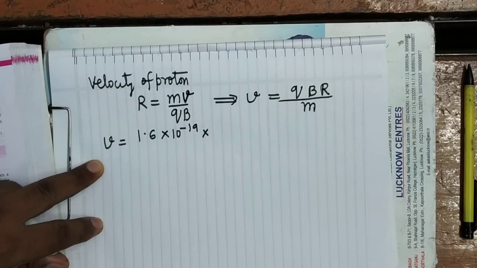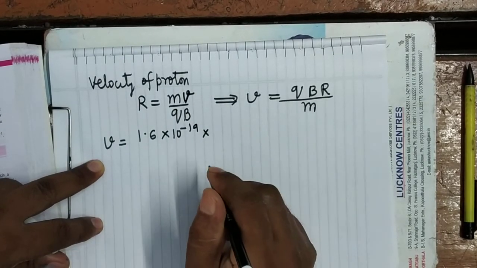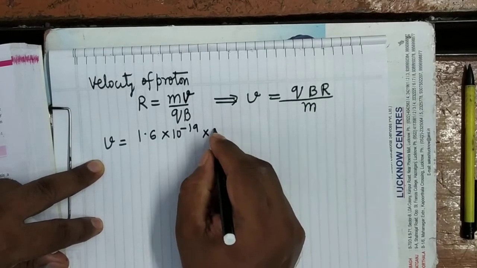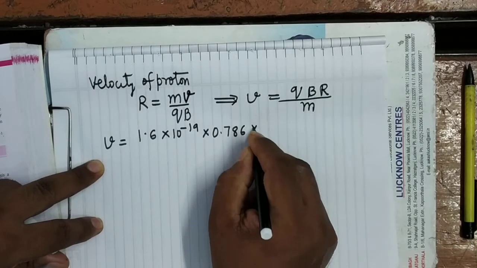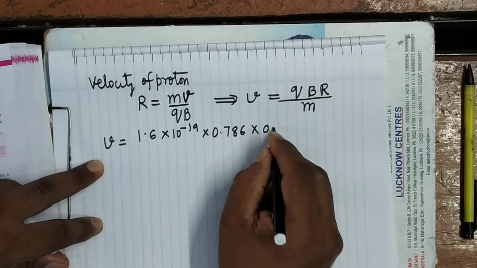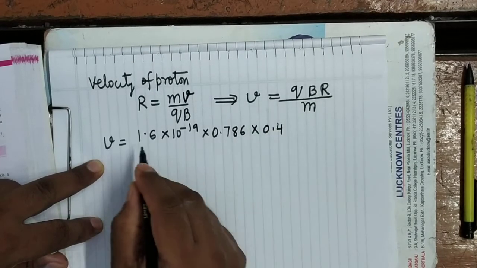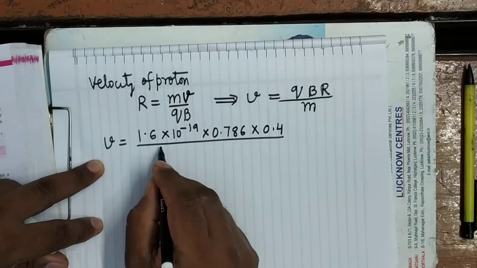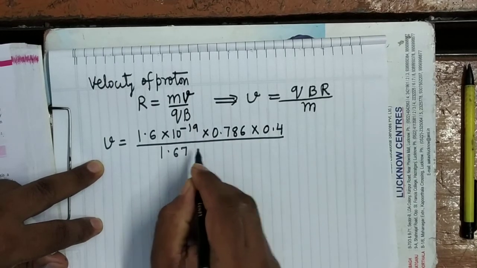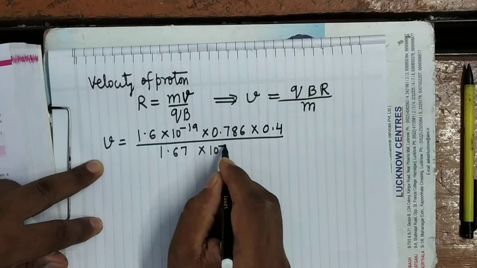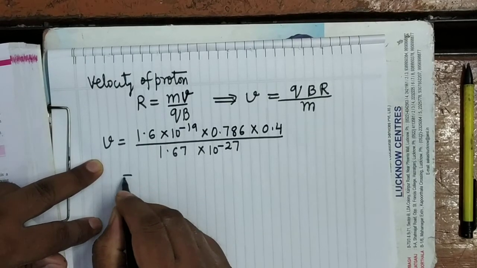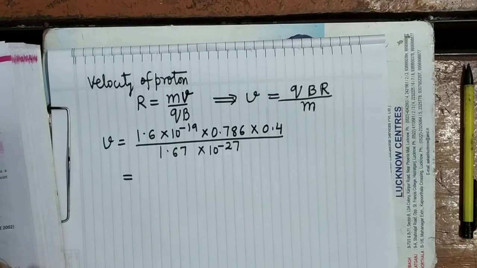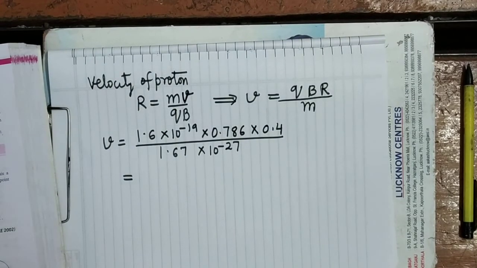B is how much? B is given here, you have already calculated, 0.786. R is given 0.4 meter. It's clear. Upon m, m is given 1.67 into this. So when you calculate this, it will come out, I am calculating it, 1.